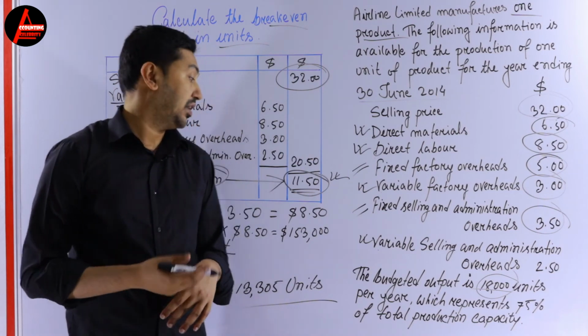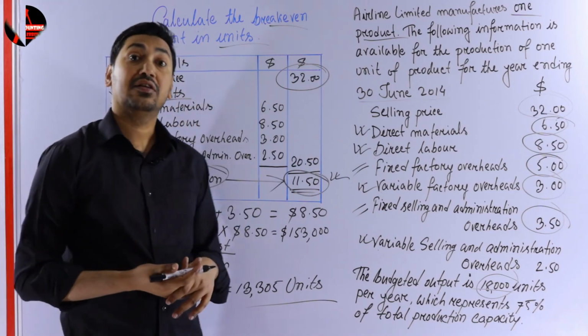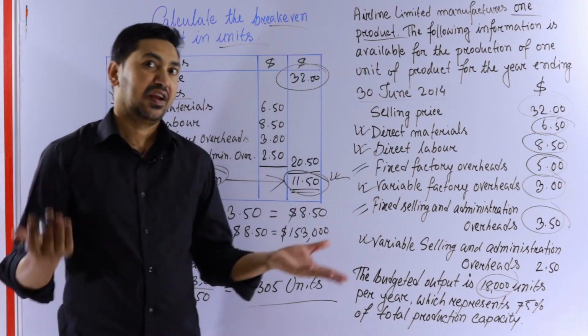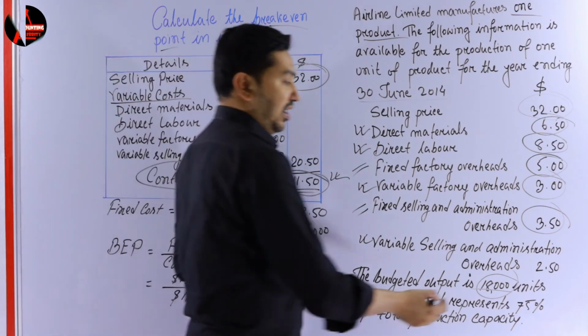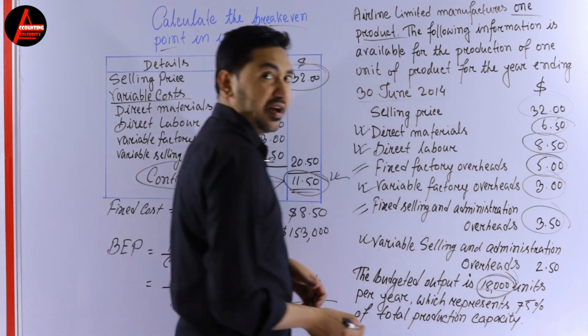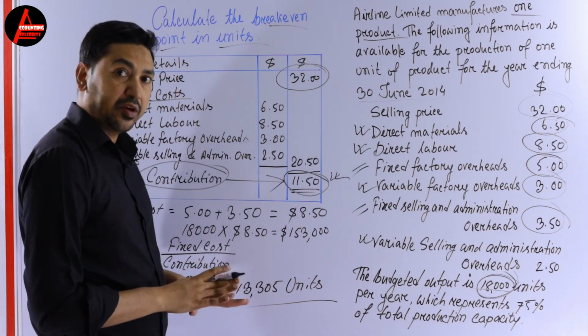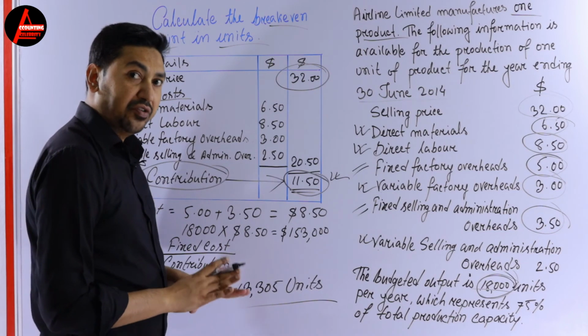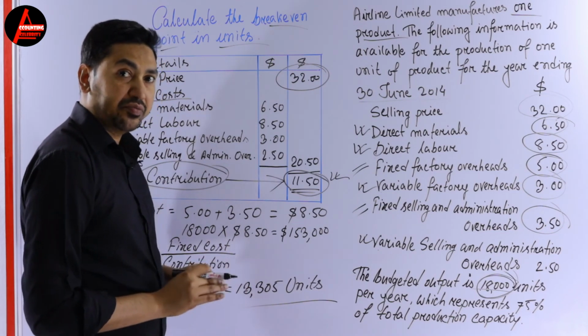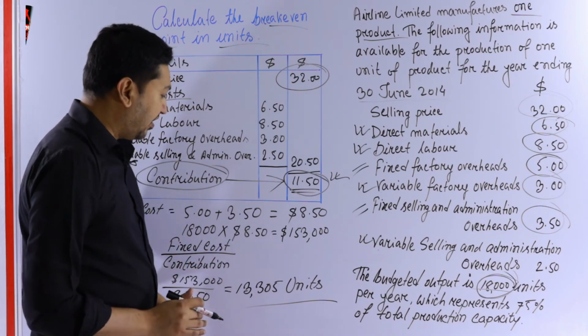Then we calculated our fixed cost, then we multiplied by 18,000 units. Then we wrote the formula for break-even point, which is fixed cost divided by contribution. We calculated and got 13,305 units.